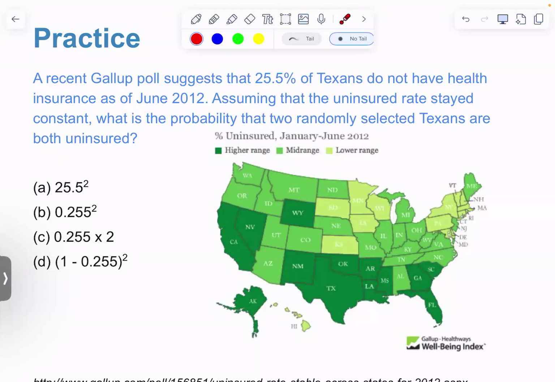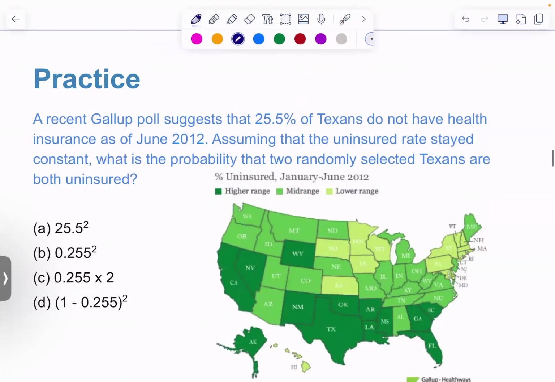First, we want to find the probability of being uninsured. One leap that we're going to make is that randomly sampled Texans are all independent of each other, and the probabilities are independent, but that's okay.